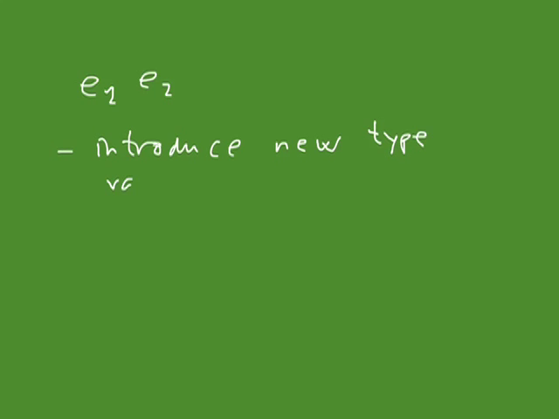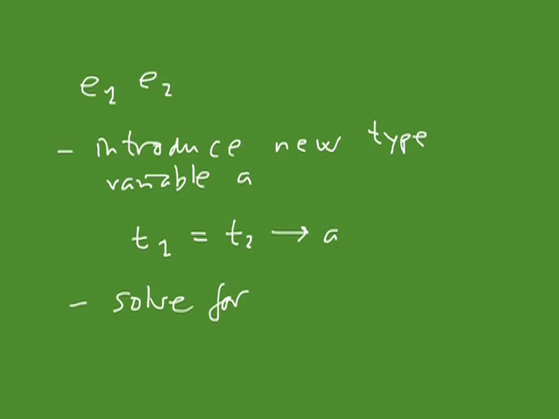The idea is that whenever we have an application, E1, E2, we introduce a new type variable, A, and then our equation is T1 is T2 arrow A, and then we solve this equation for A. In other words, what is the value of A?